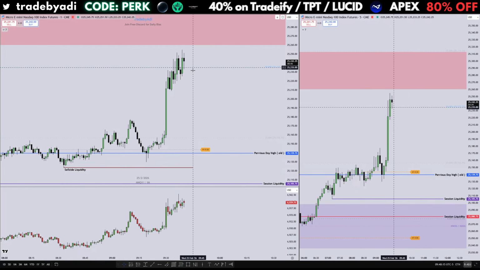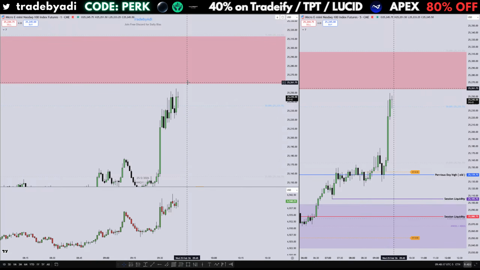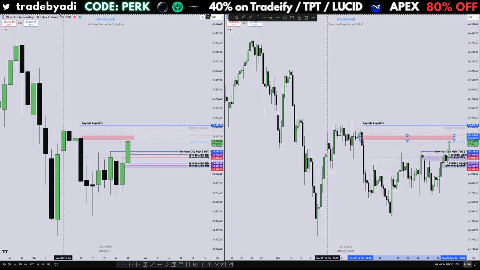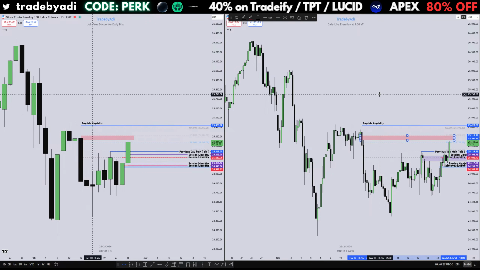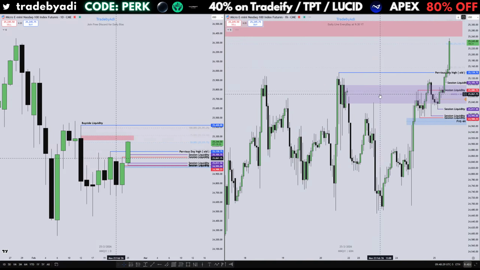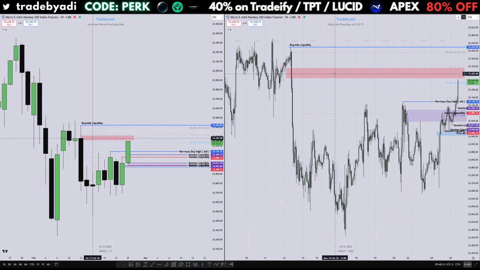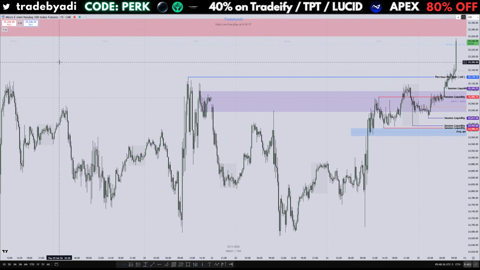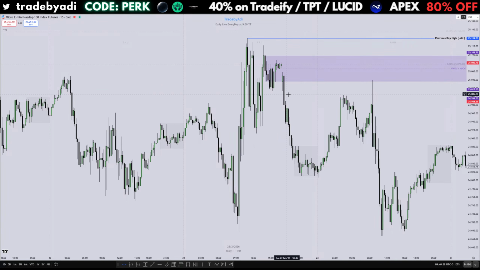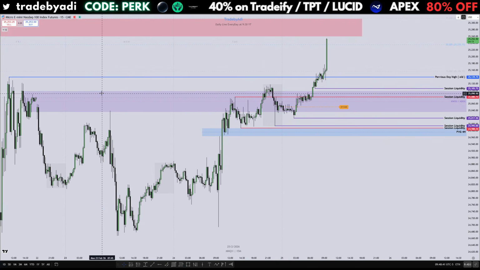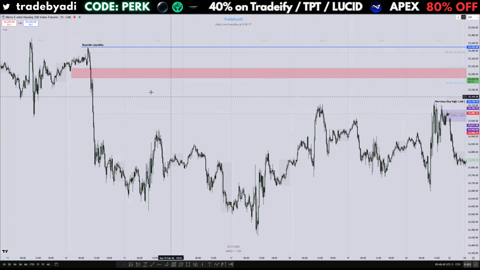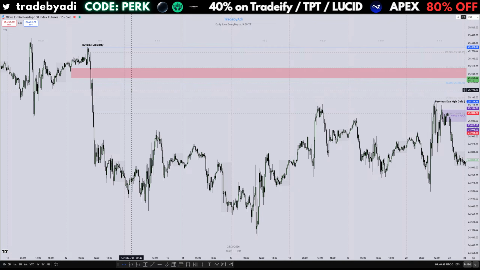I want to see the price tap to this order block, and it should go to this red area, the FVG. Let me refine this FVG on a 1 hour. We do have a fair value gap over here also, on the 15 minute. We do have an inefficiency over here also.